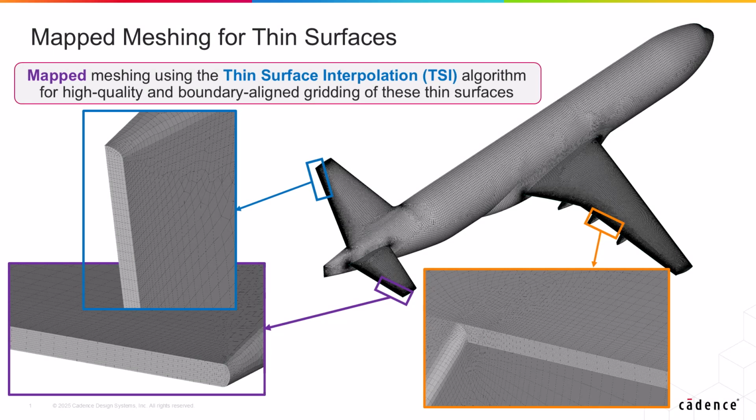When generating surface meshes, the automatic surface mesher, or ASM, will actually detect these thin surfaces, and it will attempt to generate high quality and boundary aligned meshes on these thin surfaces using an algorithm called the thin surface interpolation. We also refer to these high quality and structured looking surface meshes as mapped domains.